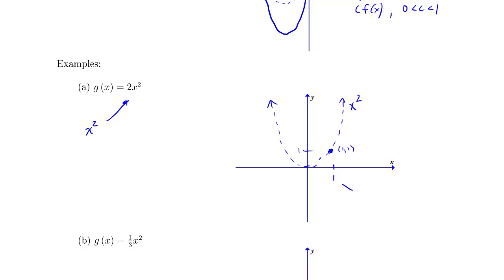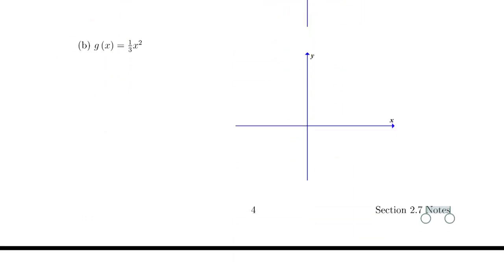If I take that same 1 value and I put 1 into 2x squared, I'm going to get 2, meaning that point is actually going to be here, showing me that what's happened is these points have gotten stretched up, so everything should happen in a similar manner. So that's how I know I get this tighter function for 2x squared, which makes sense because it's like stretching the x squared up, which is going to tighten it. So that's a good idea of how you can use point values to show you what's going on.